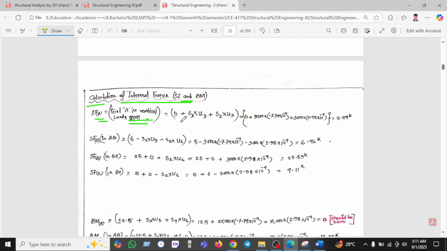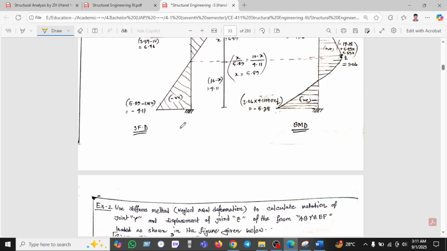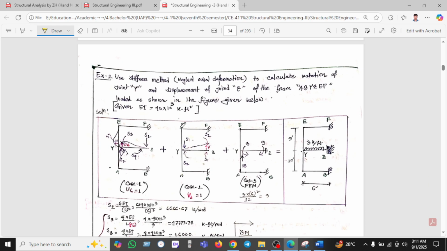Okay, so S2 is 2 into 3, S2 into 3, and putting this below and forming, and similarly we can calculate everything, and bending moment we can also calculate this way. You can see another example.